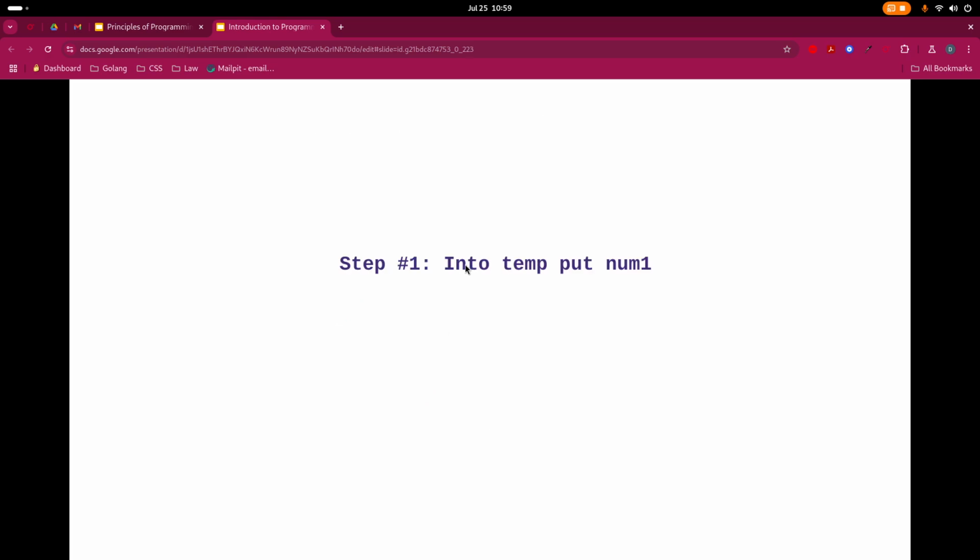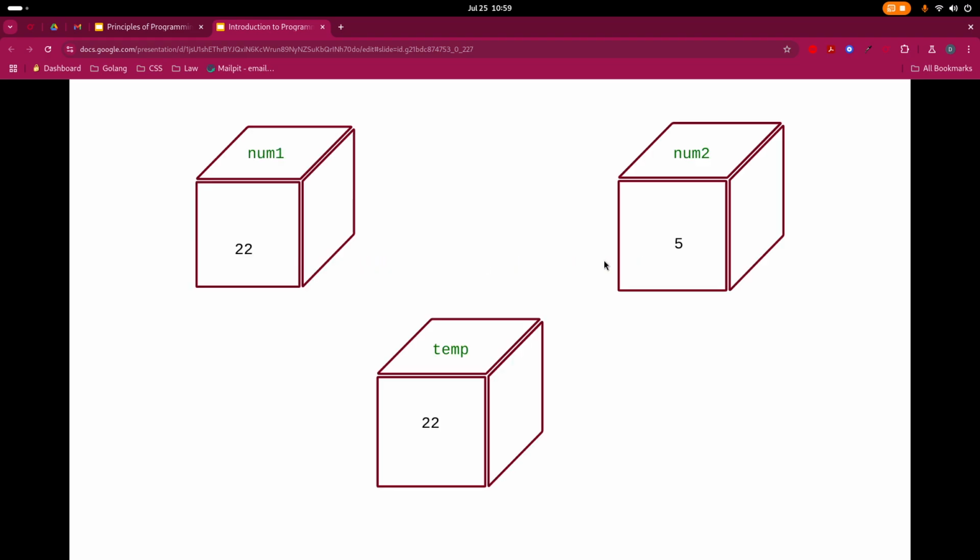Step 1, I'm going to take what is in num1 and put it into temp. So into temp, I'm going to put num1. I now have 22 in temp and 22 in num1.